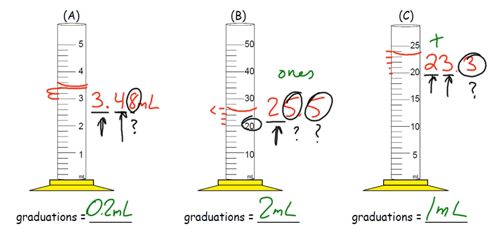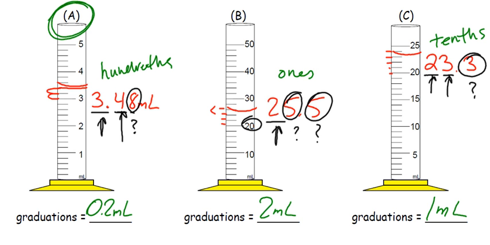Here, I'm inaccurate in the tenths place. But over here, it's the hundredths place, which means the tenths place is accurate and certain. So graduated cylinder A would be the most accurate of these three.